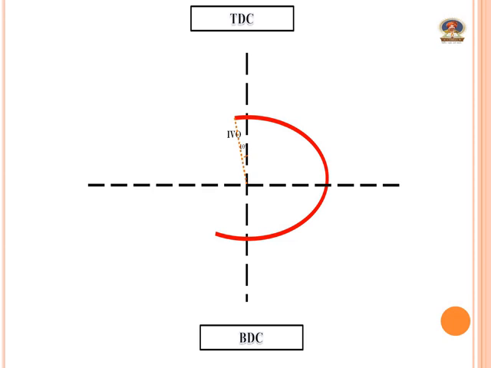For that purpose, we keep the inlet valve open after the suction stroke. We keep the inlet valve open for 35 degrees after the suction stroke, and then we close it, and after that the piston moves from BDC to TDC, and after the 35 degrees actual compression takes place.